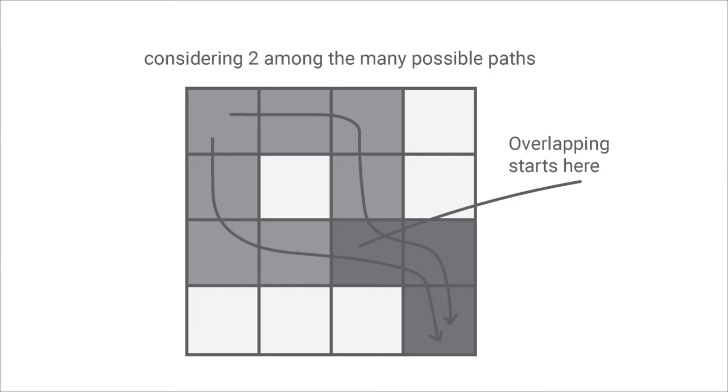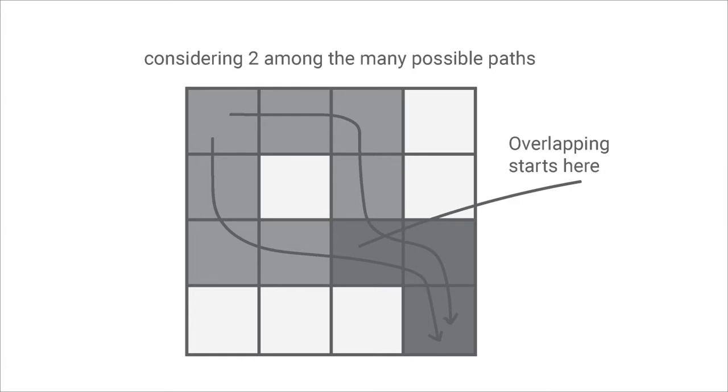Taking one path, it can reach the finish line. Now when we are calculating another path, there is a possibility that after some number of cells, the path remains the same as the previous path. That is, at some point it overlaps, right?